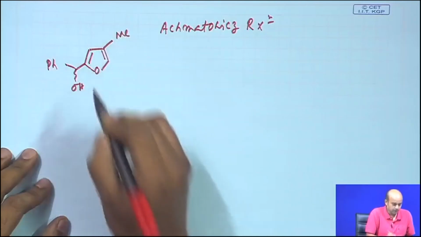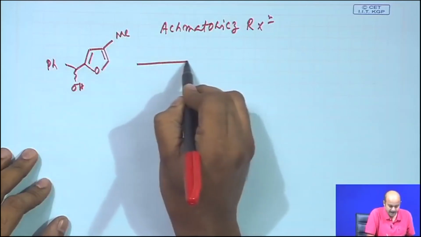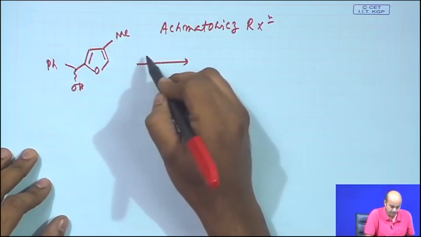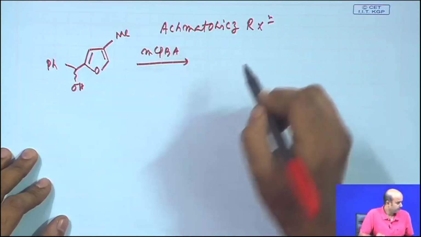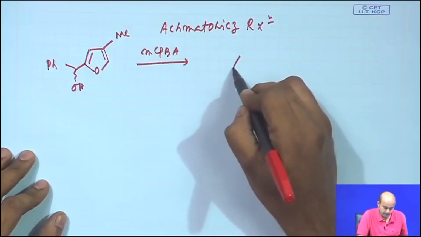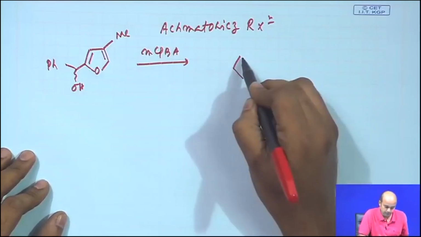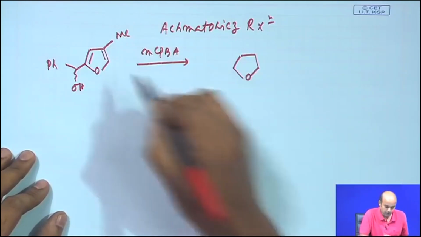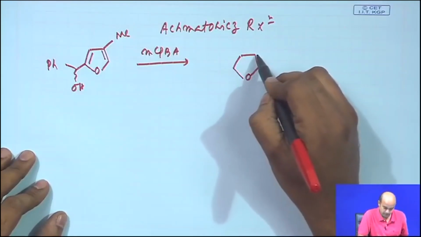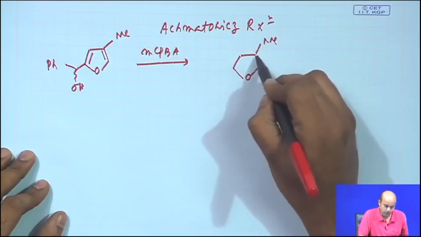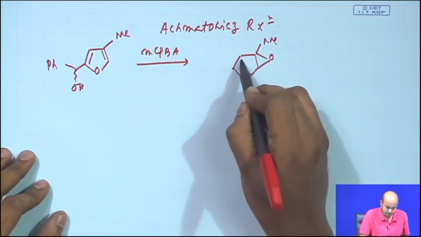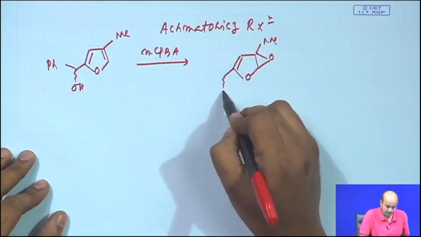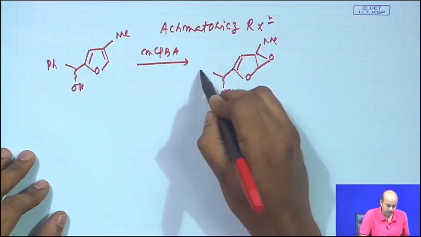Then you take this compound and react with MCPBA, metachloroperbenzoic acid. It was initially postulated that one of these electron rich double bonds in the furan first undergoes epoxidation.